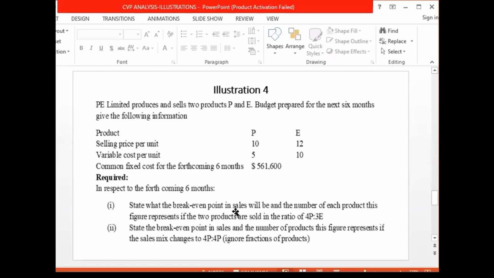Now, state what the break-even point in sales will be, and the number of each product this figure represents, if the two products are sold in the ratio of that.